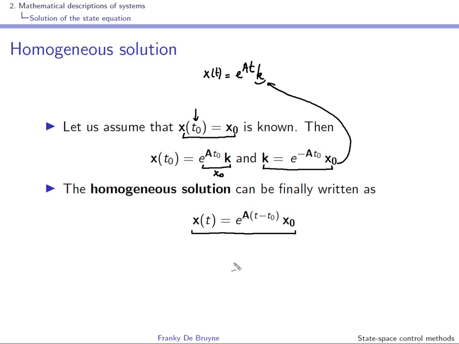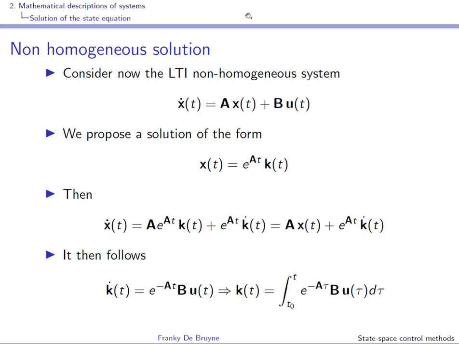Okay, so this is the solution to the system x dot is equal to Ax with x of t0 equal to x0. So we had considered the homogeneous system x dot is equal to Ax, and we had found that the general solution of that is the following. Okay, so this is the general solution of the homogeneous system.